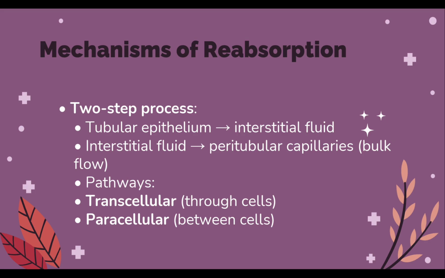When we talk about the mechanism of reabsorption, it's a two-step process. At the tubular epithelium, reabsorption happens into the interstitial fluid, and then at the interface with the peritubular capillaries, bulk flow happens. The pathways are transcellular and paracellular.